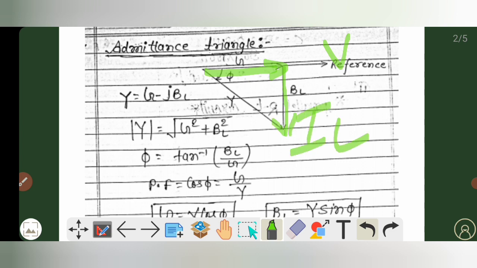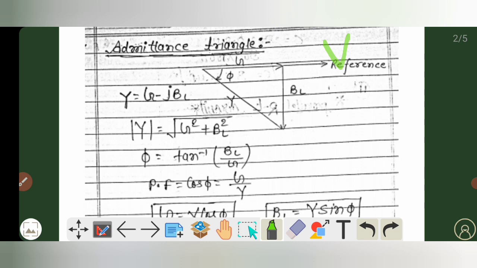And now, if you want to find out the admittance, then as you can see here, this is the inductive susceptance, which will be denoted by BL, and this is denoted by G, and G is equal to 1 by R, the reciprocal of resistance, known as conductance, and this is the admittance.